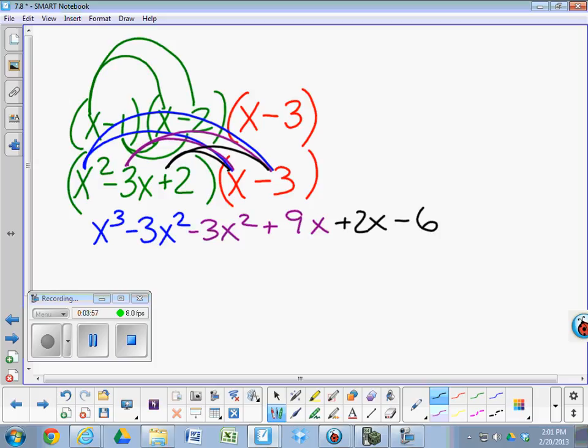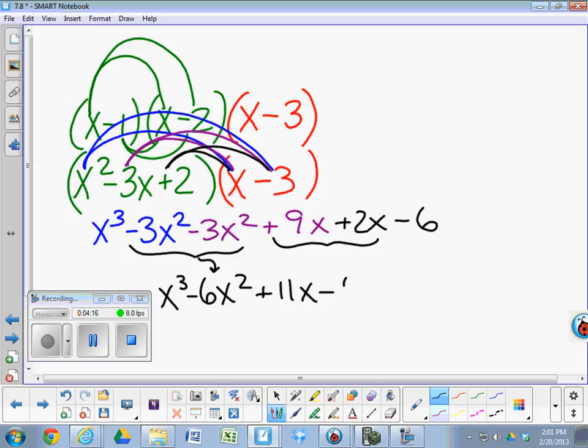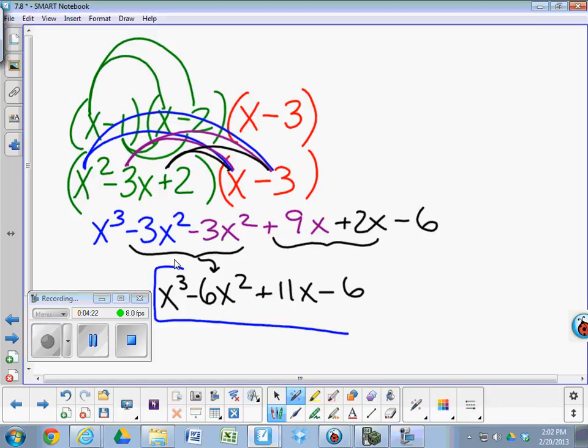Does anything combine to simplify this a little bit? These two? So I got the x cubed out front, and then negative 6x squared because of this. These two? Minus 6. Now that we've expanded that, this is what we use as our divisor.